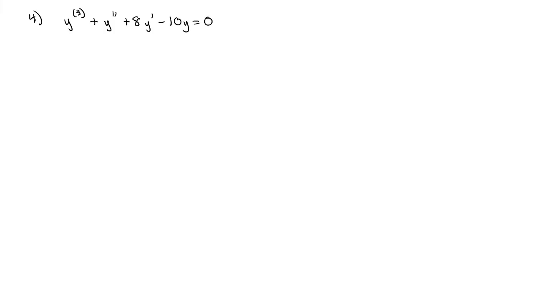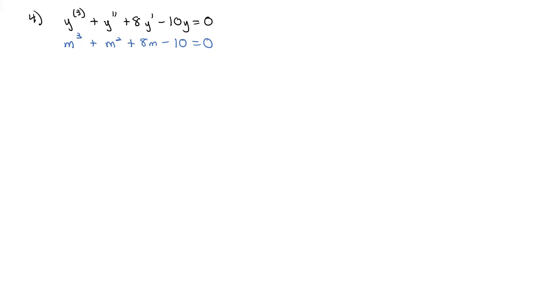Using the exact same logic, we'll build an auxiliary equation where every derivative is an exponent. So instead of third derivative of y, we have m cubed plus m squared plus 8m minus 10 equals 0.